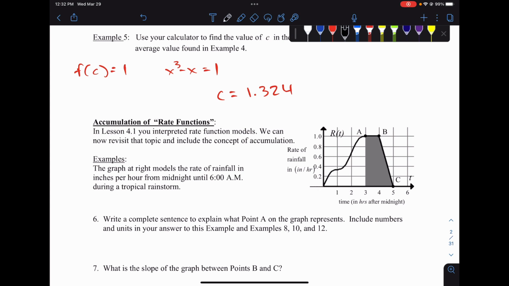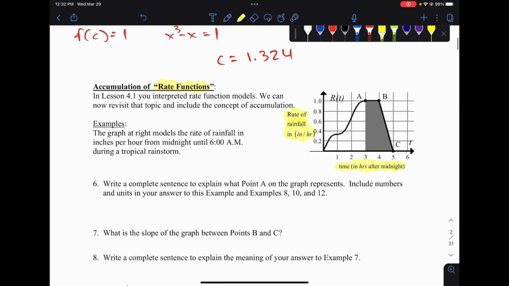So here's an example, and you'll notice that these are accumulation of rate functions. In all of these functions, your y value is a rate. In this problem, it's the rate of rainfall, so how fast rain is falling, and your x value is different times in the night after midnight, okay?